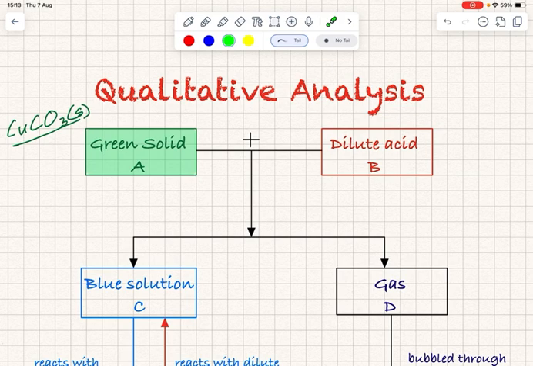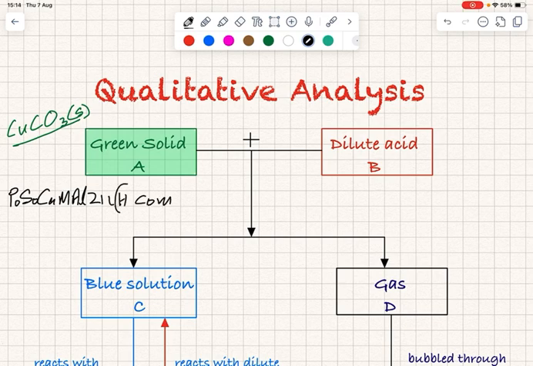Later we check through the experiments that we have here. Some students may also be confused and argue that copper cannot react with acid based on the reactivity series. Yes, you look at your reactivity series: potassium, sodium, calcium, magnesium, aluminium, zinc, iron, H, copper. Your H is your acid. Anything to the left of it will react with the acid.